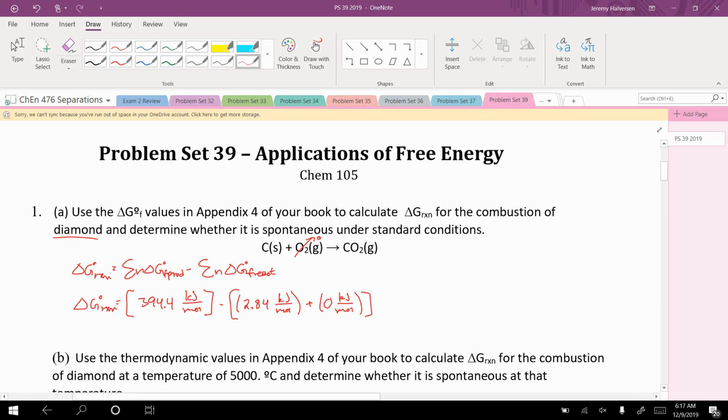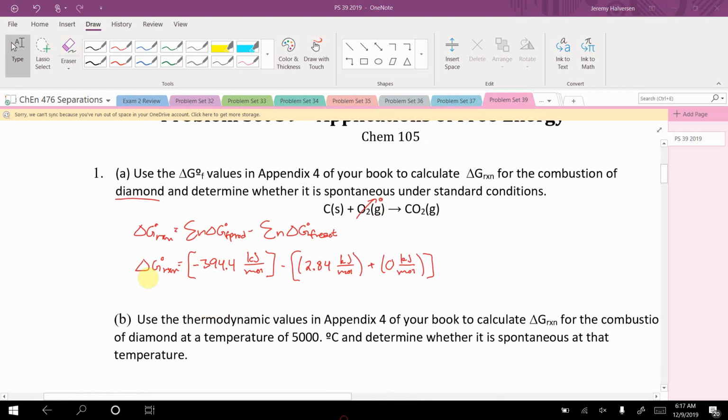So this should be negative. When I do that, I get my delta G naught of reaction equals negative 397.24 kilojoules per mole of that reaction.